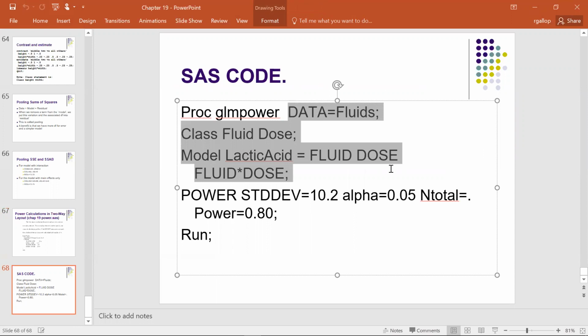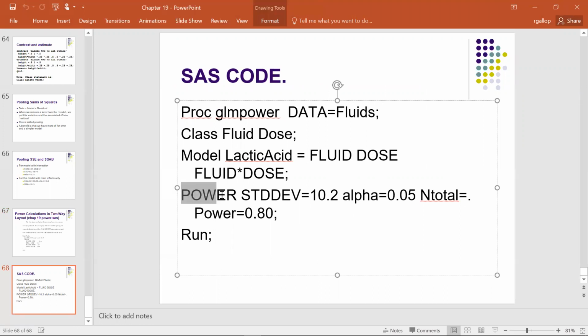This is what differentiates it from the two-way ANOVA model: the power command. Power, standard deviation. That's my estimated pooled standard deviation, which is estimated by the MSE, the mean squared error. And then here I have my alpha, my total sample size, and the power calculation.